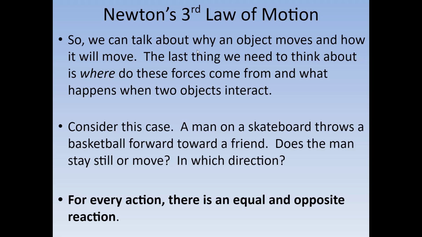Now, keep in mind that these two forces do not occur on the same object at the same time. This is actually a big mistake that people make. They think that cases like an object experiencing the force of gravity and then the normal force pushing up on it is the whole equal and opposite part of Newton's third law. That's not the case.